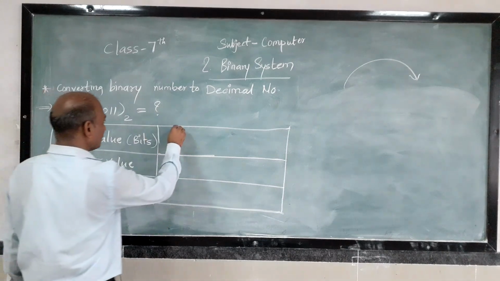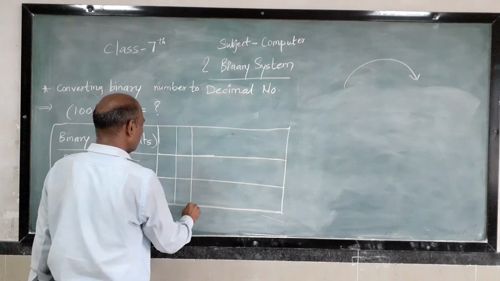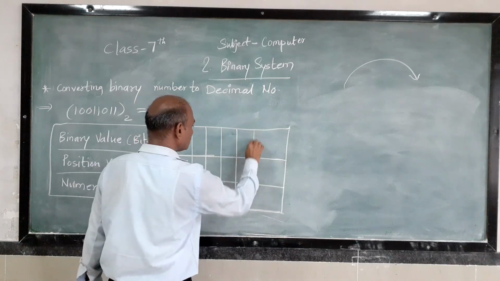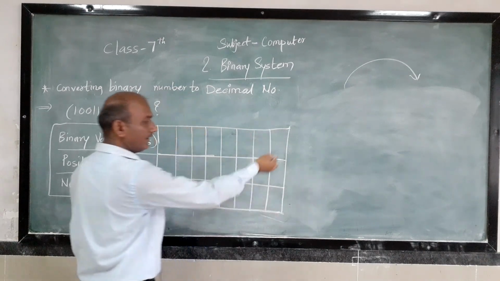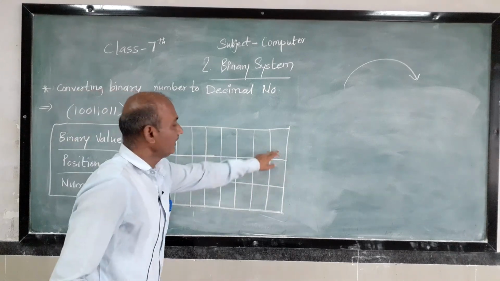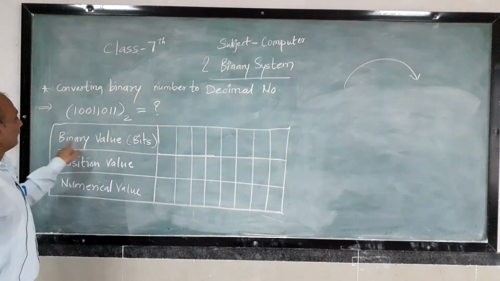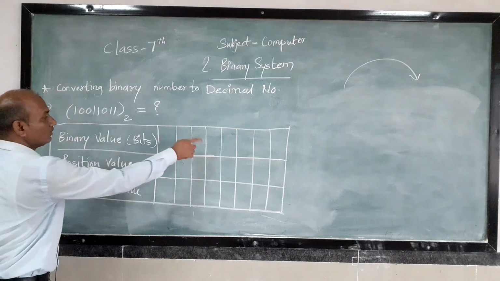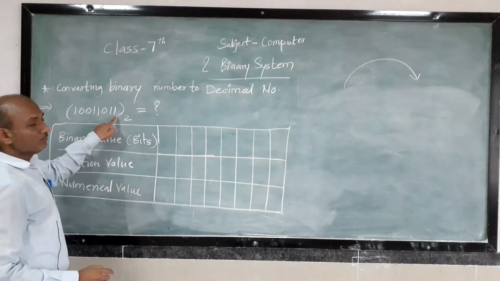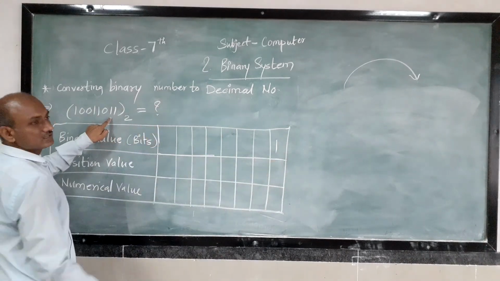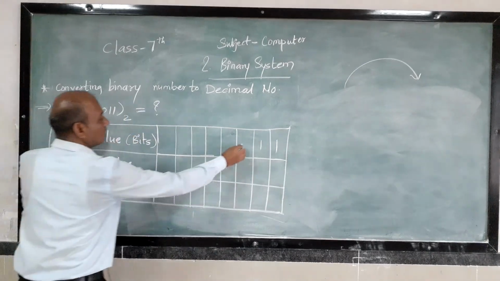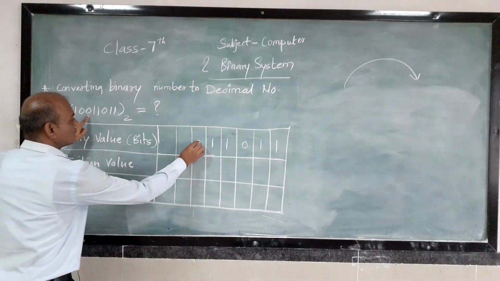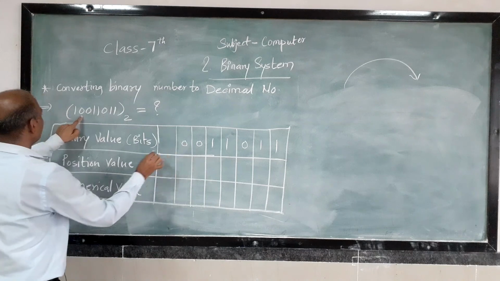You have to make 8 columns here. Now these binary values, or bits, you write here, starting from the rightmost: 1, 1, 0, 1, 1, 0, 0 and 1.